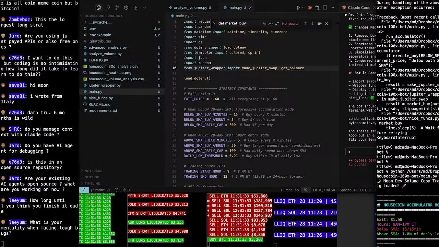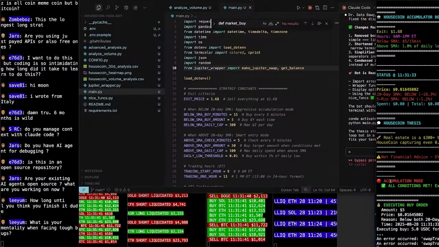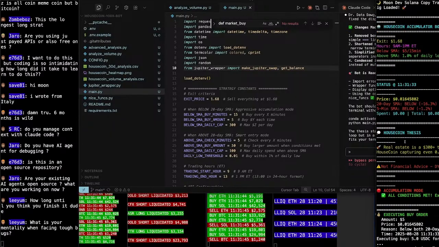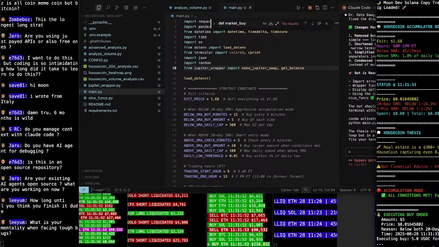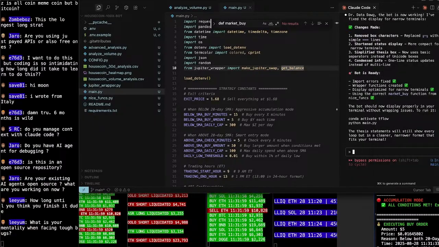Come on. Okay, so swap transaction error. Buying 5 USDC for that token. Perfect. Thesis. Real estate is a $300 trillion market. Not financial advice. Do your own research. We can actually remove those lines here.